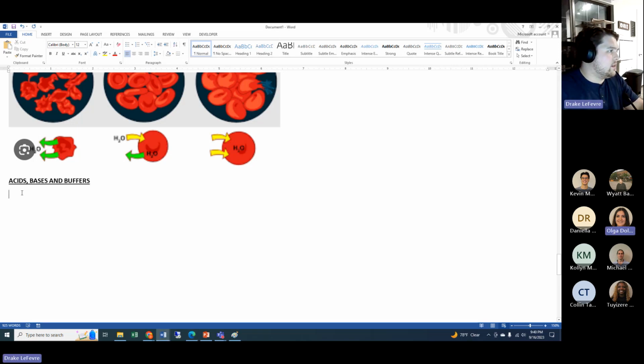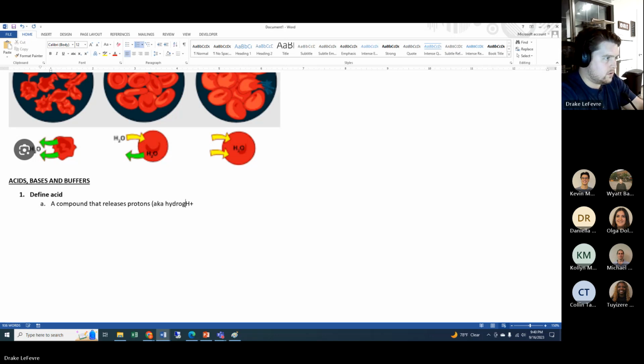We'll start with acid. So first, define an acid. In chemistry, there are technically a couple of different definitions for acid, but the definition that we are going to use for biochemistry is a compound that releases protons, also known as hydrogen, when put into a solution.